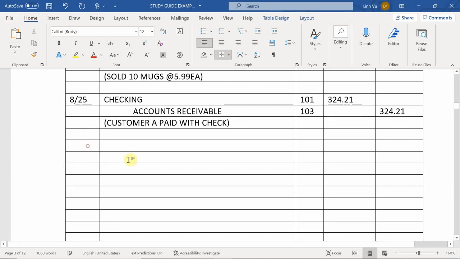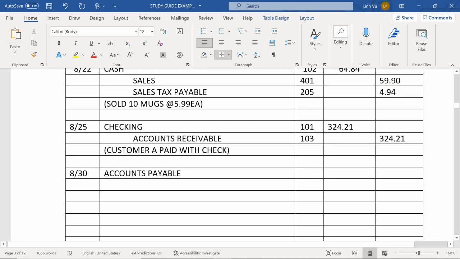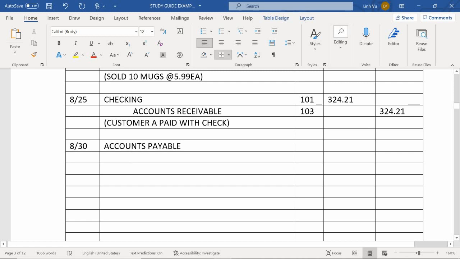Okay, pay 30th, accounts payable. And how did we pay? I think you pay with a check, no? We paid with a check. So where does that come from? It comes right out of our checking account. Good.